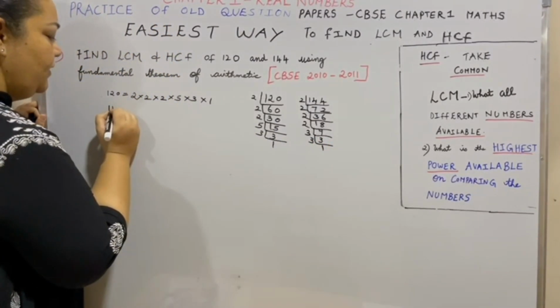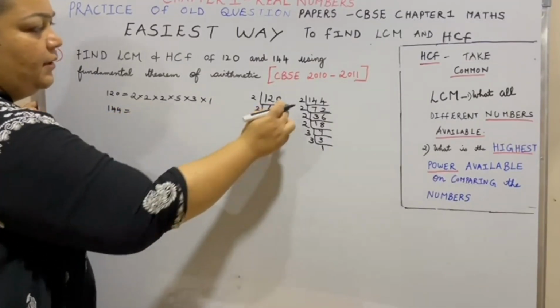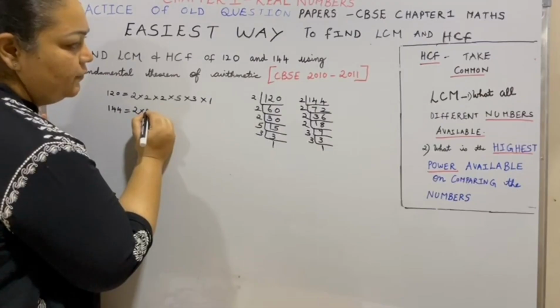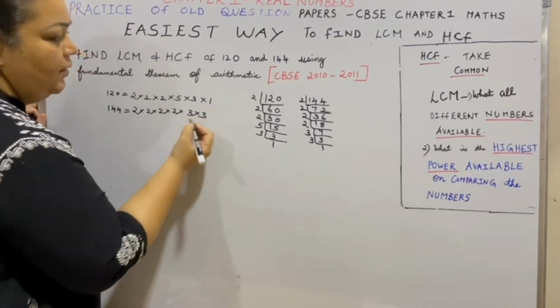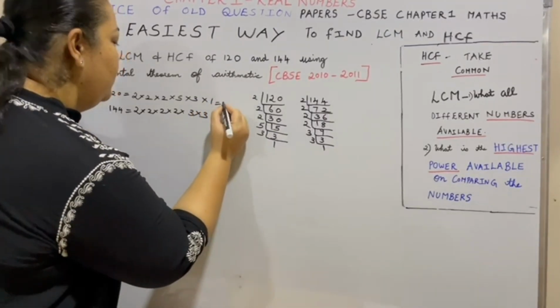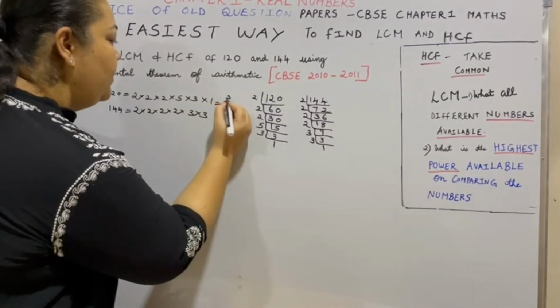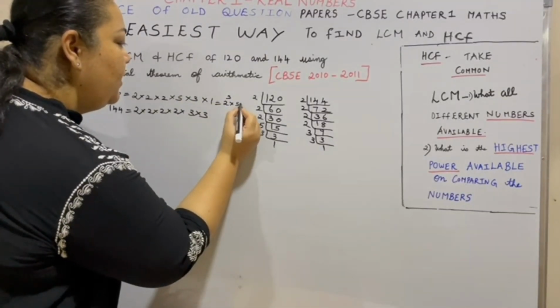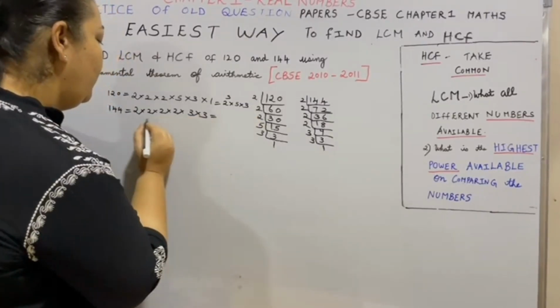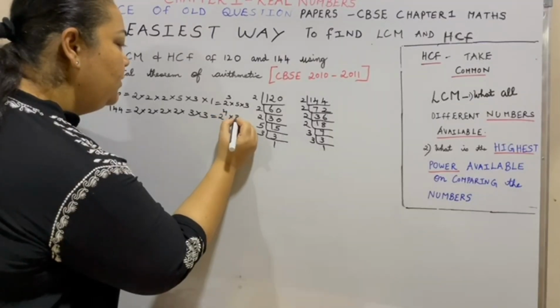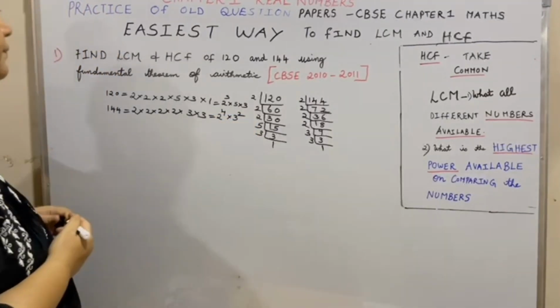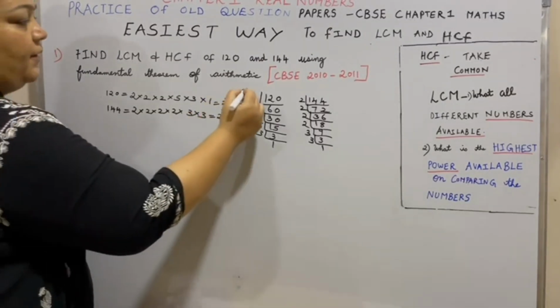So the prime factorization of 144 will be 2 into 2 into 2 into 2 into 3 into 3. We can write 120 as 2 to the power of 3 into 5 into 3, and this, 144, you can write as 2 to the power of 4 into 3 to the power of 2. This is the prime factorization.